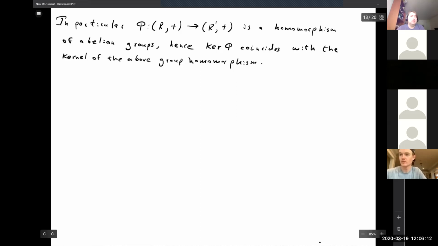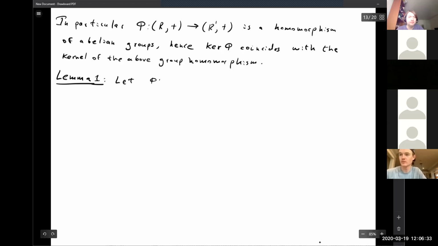Okay, so we would have lemma 1. Remember that the kernel of a group homomorphism was a subgroup of the domain. Similarly, the kernel of a ring homomorphism is a subring of the domain.